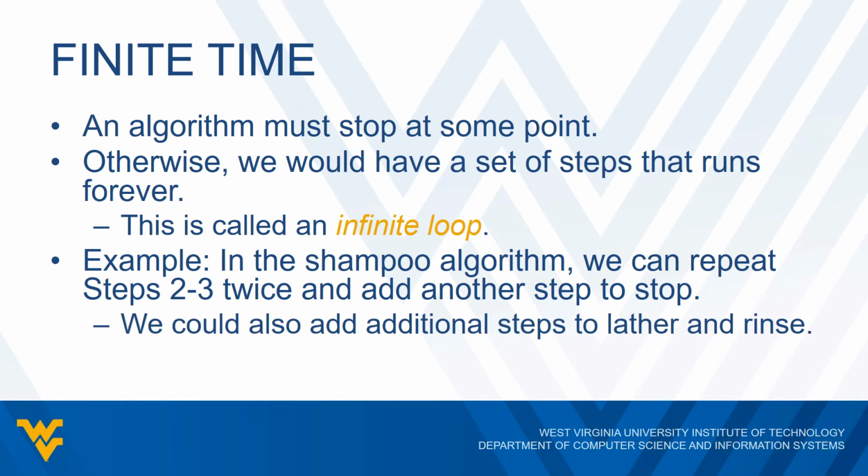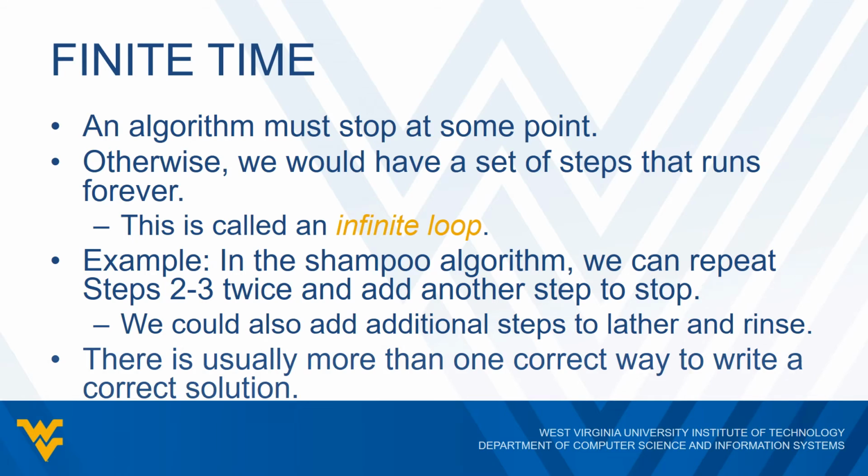We could also add additional steps to lather and rinse, so that we specify exactly how many times we repeat and when we actually stop. There's a couple of ways we can go about it. In fact, there's usually more than one correct way to write a correct solution. Some may be faster than others, but to solve a particular problem, there's usually more than one solution.